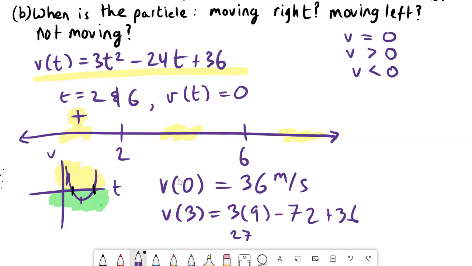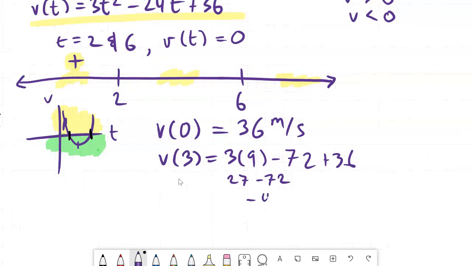Let's see, 27 minus 72, what is that? That is a negative 45, plus 36, which is equal to negative 9. So this is a negative value. And I'm going to color code this green to remind us that it's a green, right?